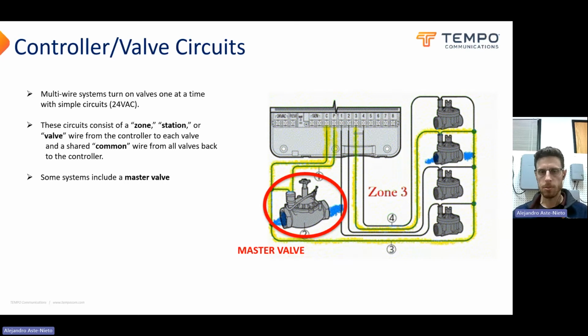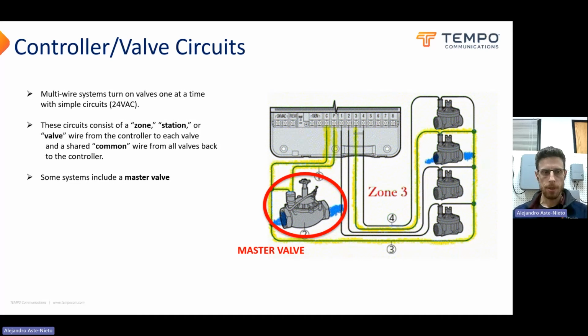And then some systems will have a master valve. The master valve will control downstream flow to all the zone valves, and it will have to engage at the same time as the zone valves, or else those zone valves don't have any water to pass through them.